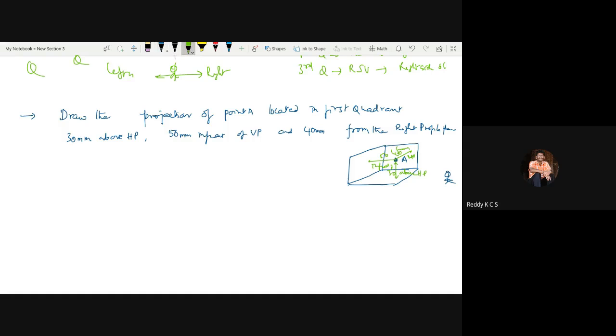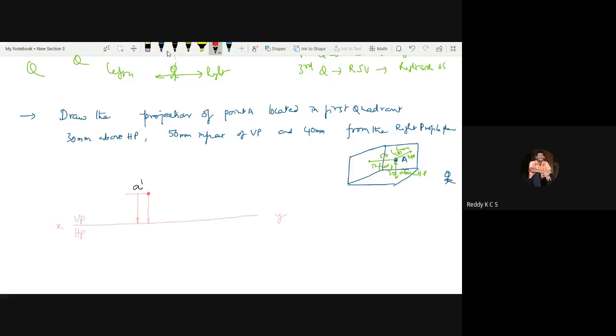As per the first quadrant projections, first we draw the front view and top view. That's all, front view and top view, because it is a first quadrant. VP, HP I can mention here, and I'll draw somewhere a point is located, and see here the front view is 30 mm above HP. So this distance is going to be the front view, that is, this is going to be A dash, and the distance of this is going to be 30 mm, as we understand from the previous class.